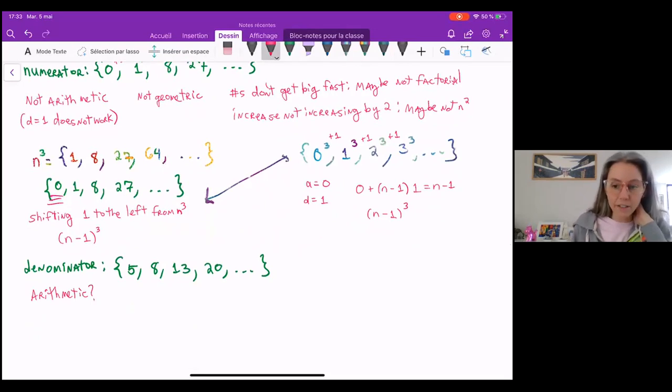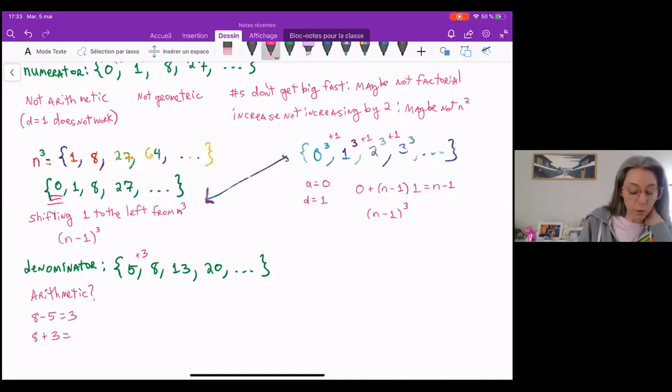So what am I adding to 5 to get to 8? That would be plus 3. In other words, we do 8 minus 5 to get 3. And then does 8 plus 3 equal 13? No, it equals 12. So it does not equal 13. So that plus 3 doesn't work. This is not arithmetic.